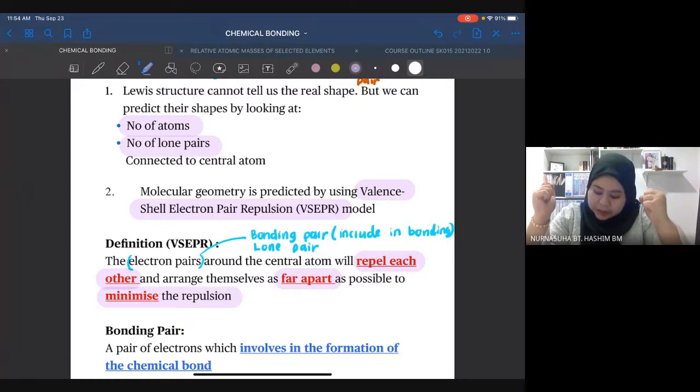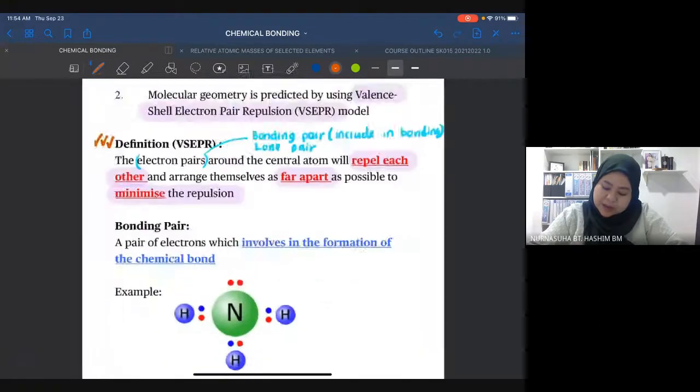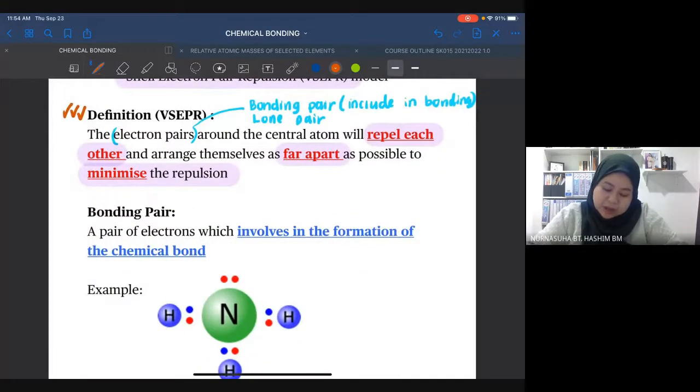In order to minimize the repulsion. Please memorise this definition, it often appears in exams. So what is a bonding pair? I said it earlier. A bonding pair is a pair of electrons.